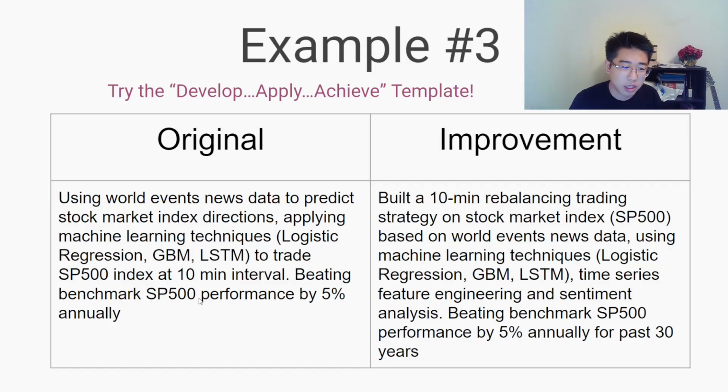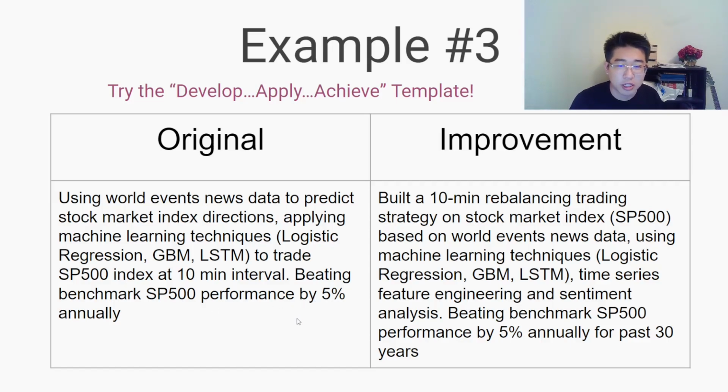And then, okay, so that's already something that we can improve on. And then let's look at the metric, beating benchmark SP500 performance by 5% annually. Again, that's really great, but to a financial company, those people are really sharp, right? No pun intended, not Sharpe ratio, but those people are really sharp, right? They're gonna see you improve the performance by 5% annually, but for how long?